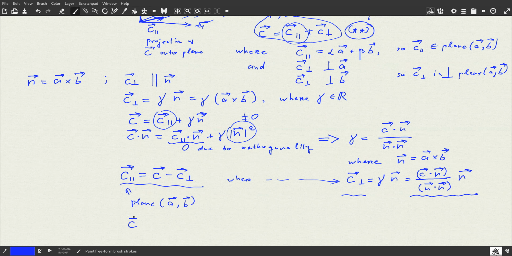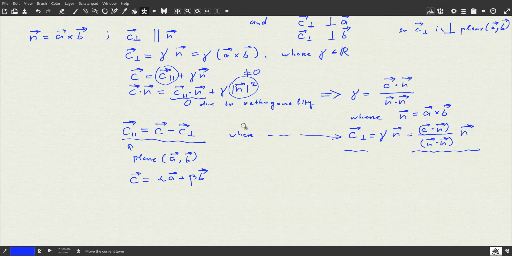Therefore, C parallel, after we found it, is alpha times A plus beta times B. Can you propose any ideas of how to construct alpha and beta coefficients? What can we do? So the question is, how to find alpha and beta?